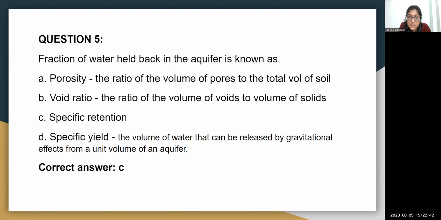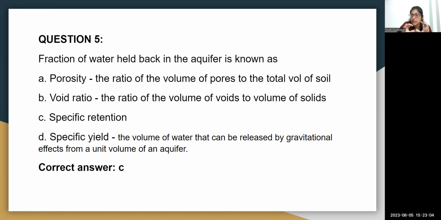What is porosity? Porosity is nothing but, if you take a soil sample, say 1 meter cube of soil, then that soil will consist of solid particles. It will consist of pore spaces in between the soil particles. And if there's some amount of water in the soil sample, there'll be water also inside those pores.